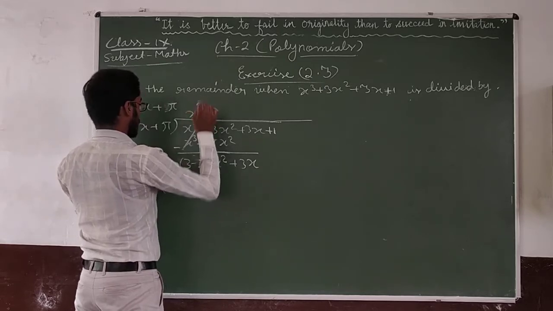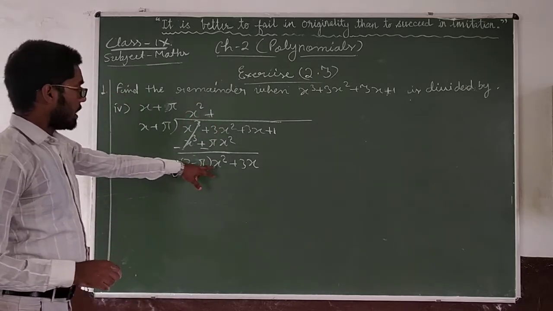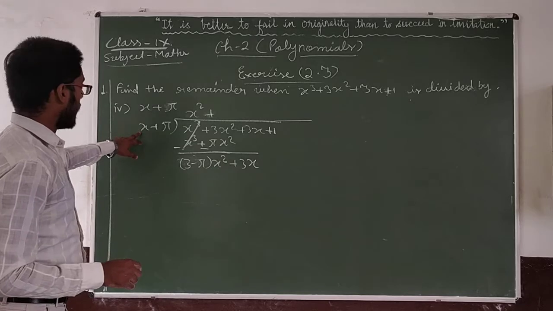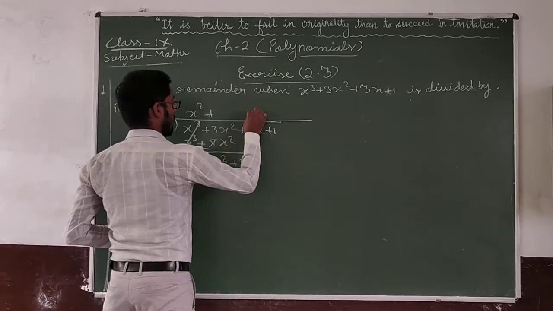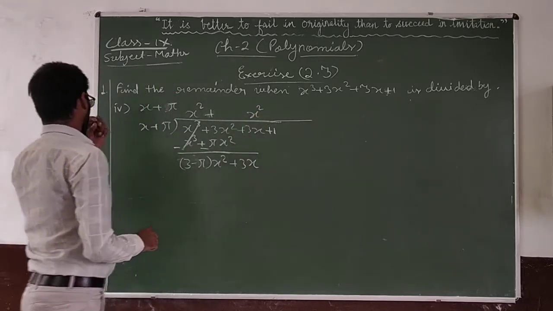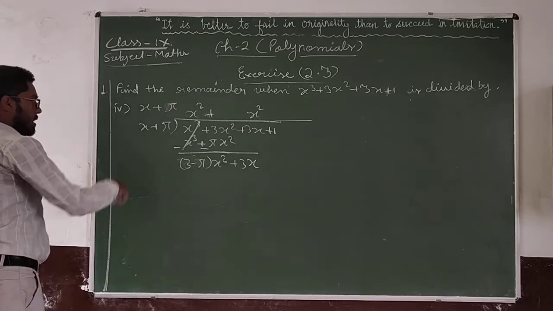Here is x square and you have only x, so (3 minus 5) x is required, since the coefficient of x in the divisor is 1.